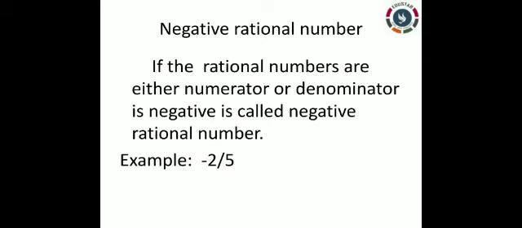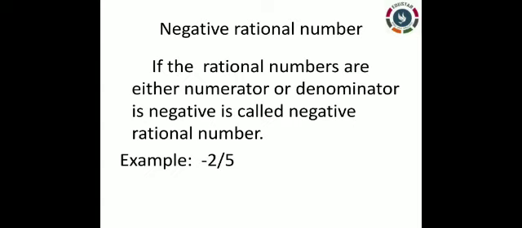The next type is the negative rational number. If in a rational number either the numerator or the denominator is negative, it is called a negative rational number. Example: minus 2 by 5. The numerator is minus 2, which is negative, and the denominator is 5, which is positive.